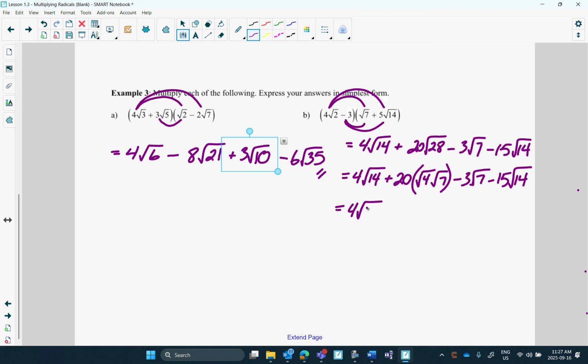I can simplify this second term further. What's root 4? 2. Times 20, 40. So that works out to 40 root 7.